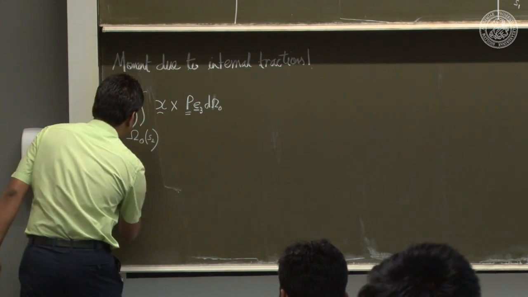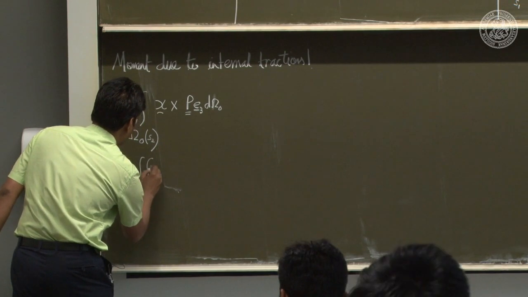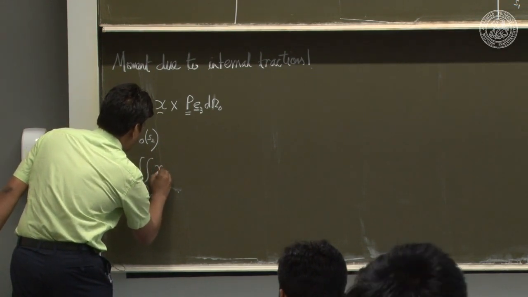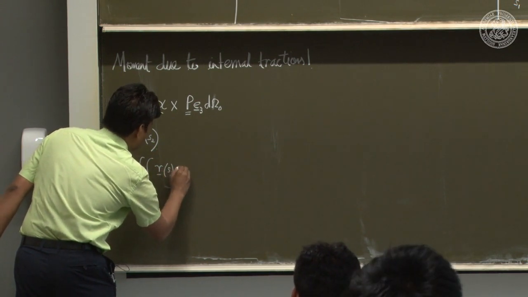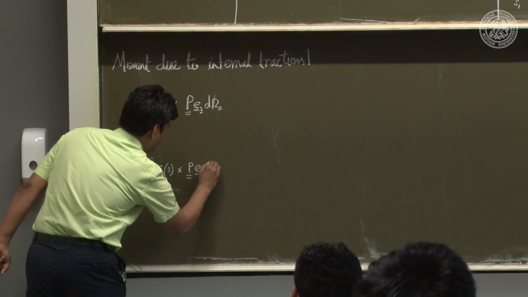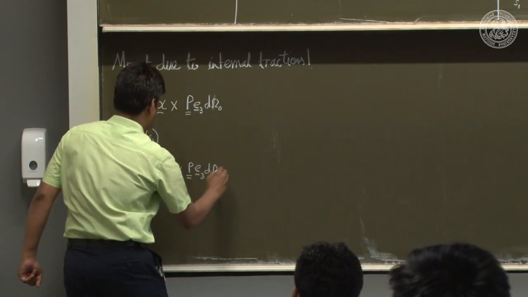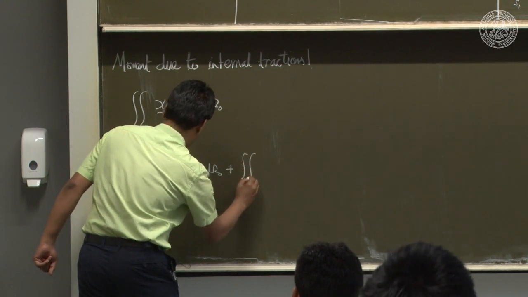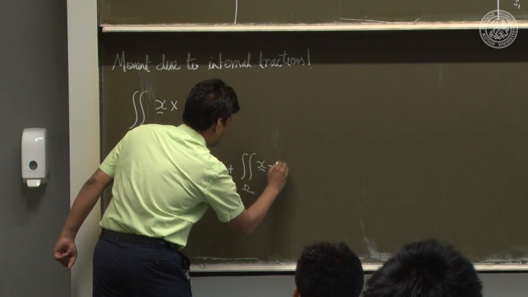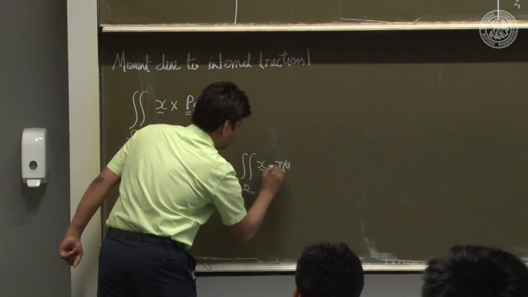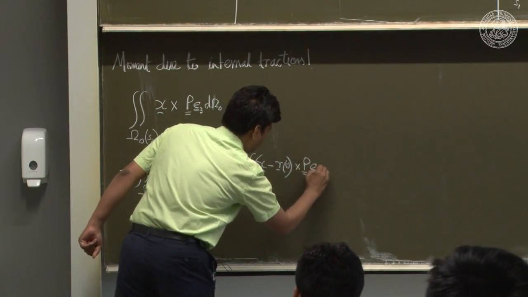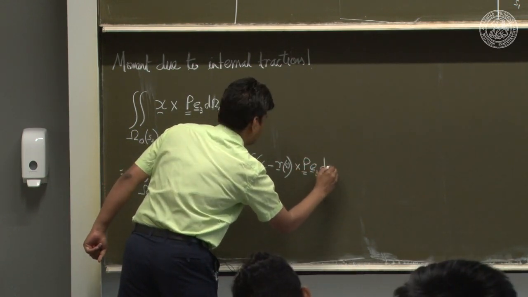So this becomes little r of s cross P E3 d omega naught plus little x minus little r of s cross P E3 d omega naught.